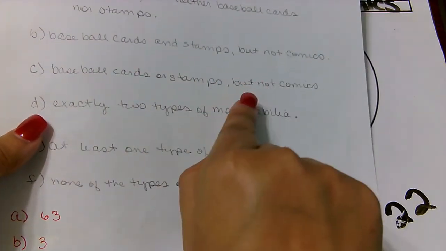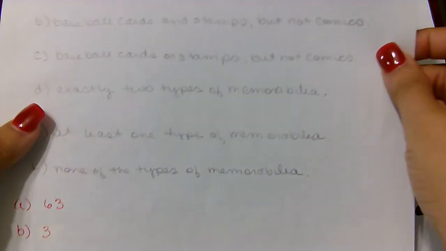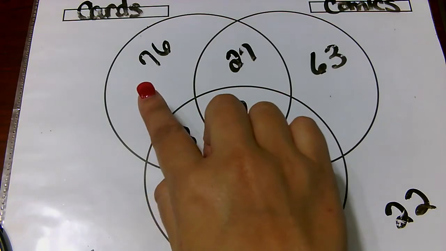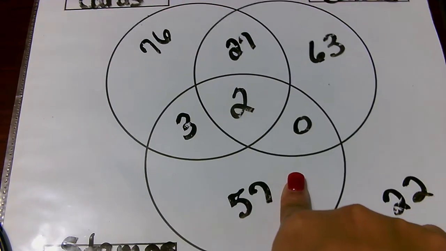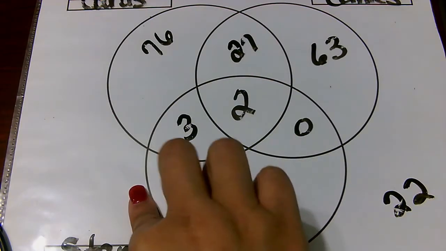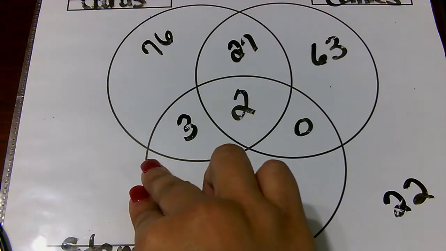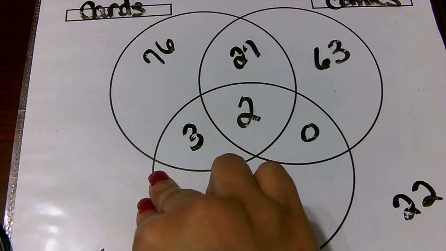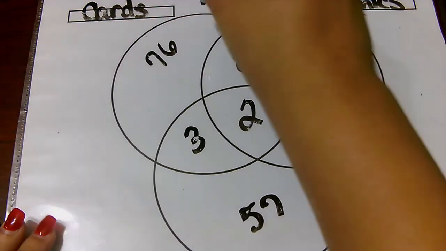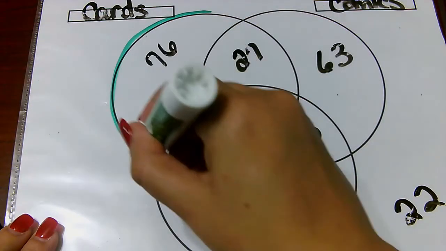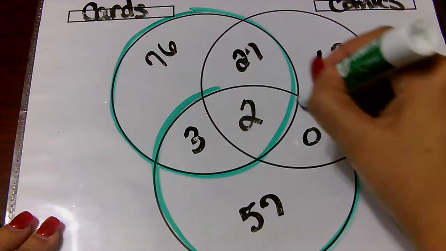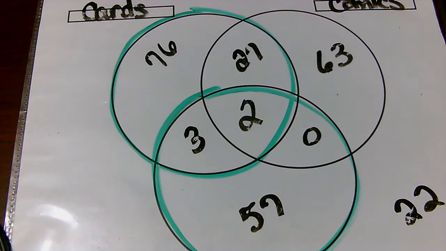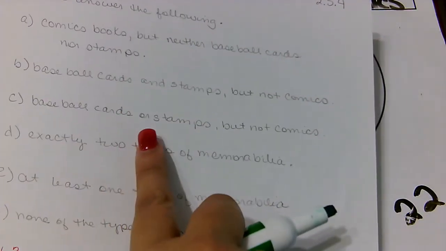C says baseball cards or stamps, but not comics. In this problem, you have to be careful because it's asking you that or statement. So you want to look at all of the baseball cards. You want to look at all of the stamps because it has that word or.